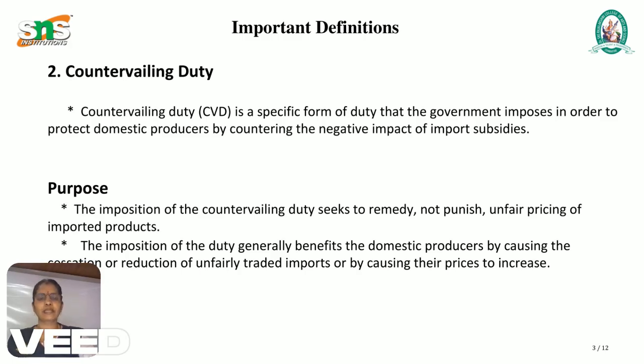It is a specific form of duty that the government imposes in order to protect domestic producers by countering the negative impact of some import subsidies. So when any person receives government subsidies related to their manufacturing item, at that time we have to collect the duty or tax, which is called a countervailing duty.